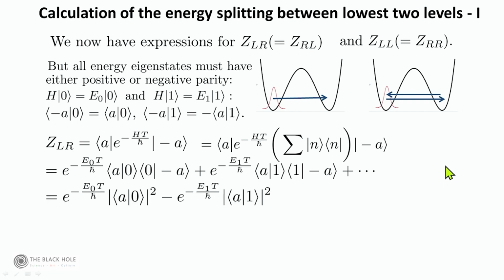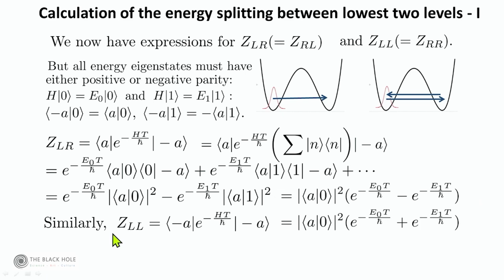Okay, so now what we have from here is this thing being A0 squared and this thing being this over here, magnitude squared. But this and this are normalized to the same values, which means that I can write Z_LR as this thing.